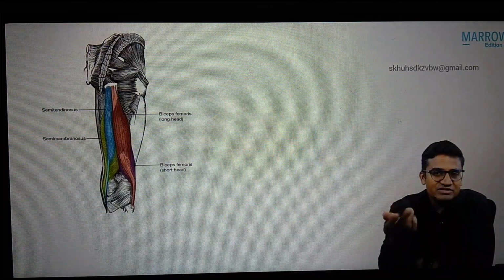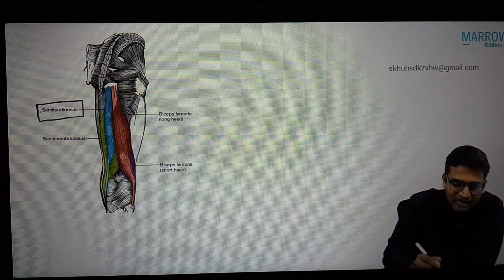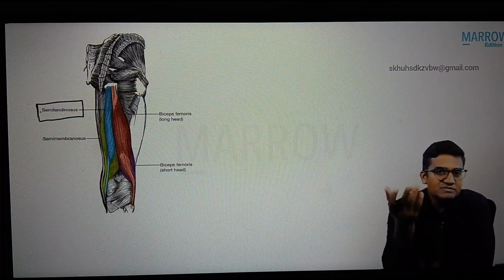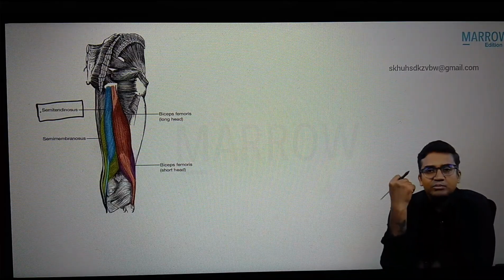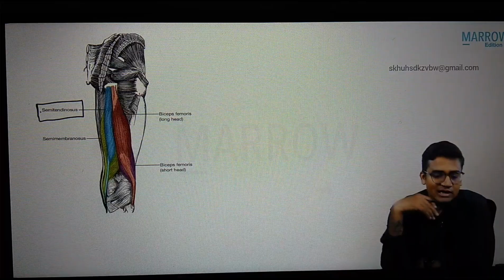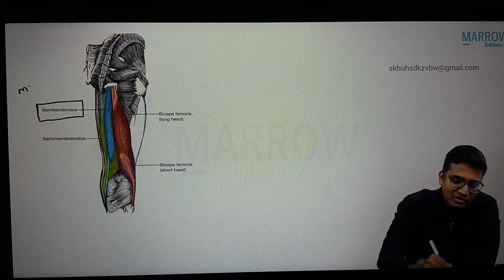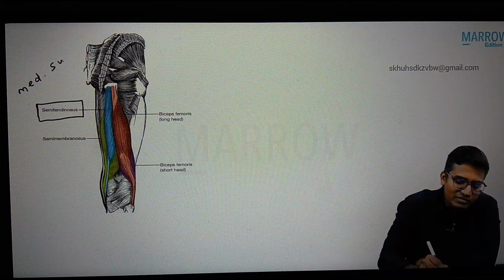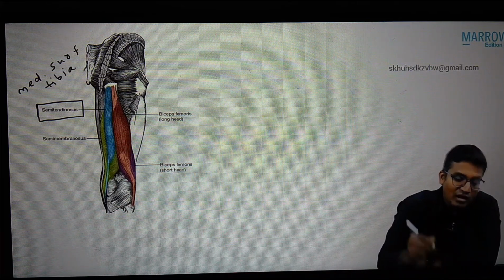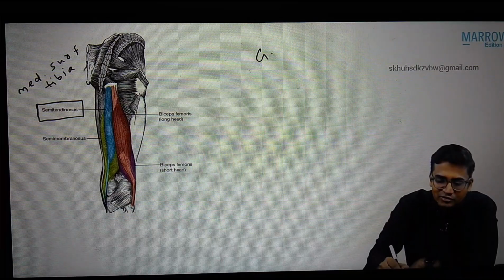Now, what are the hamstring muscles we have? Number one, the semitendinosus muscle. The name gives a clue: part of the muscle is fleshy and part is tendon, semitendon. The semitendinosus is attached to the medial surface of the tibia, along with the gracilis and sartorius muscles.